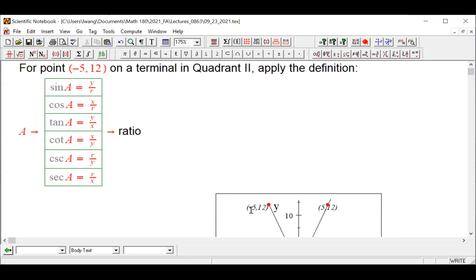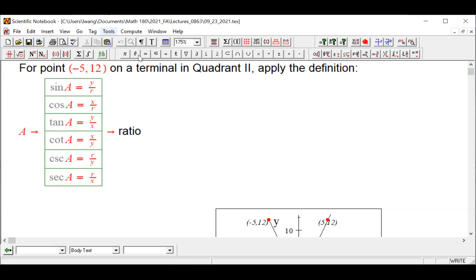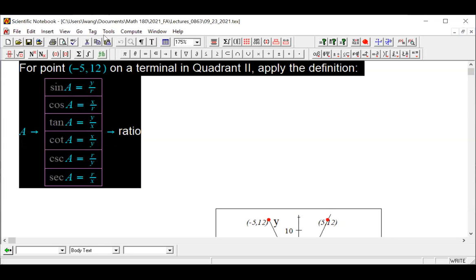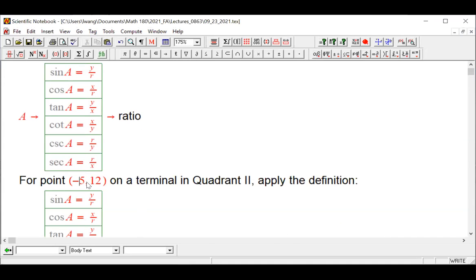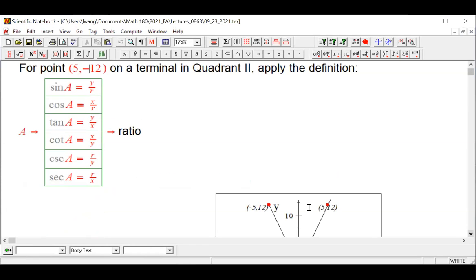So one point is -5, 12, and you're going to identify X, Y, R. And then the next one will be for the other point, 5, negative 12. You're going to apply the definition and do all of that.